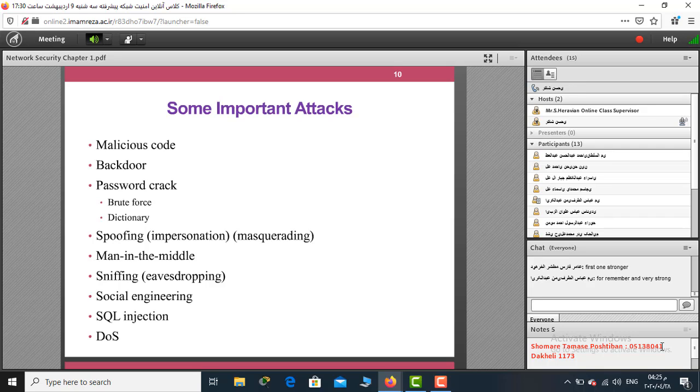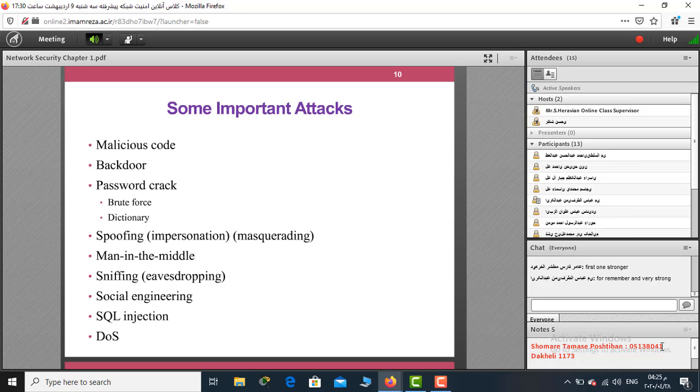Well, spoofing or impersonation or masquerading. These three are synonyms. Spoofing or impersonation or masquerading means to pretend that you are somebody else.